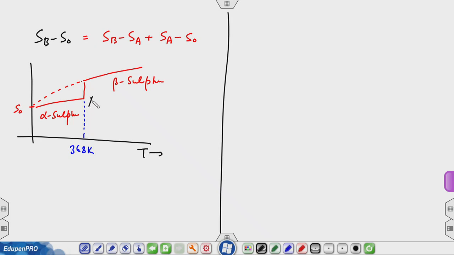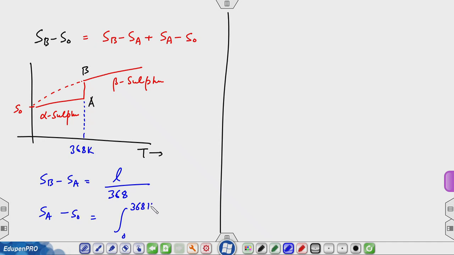This is A and B. Now, SB minus SA is nothing but the latent heat divided by the temperature 368, and SA minus S0 is given by the integral from 0 to 368 K of Cp of the alpha form dT prime over T prime.